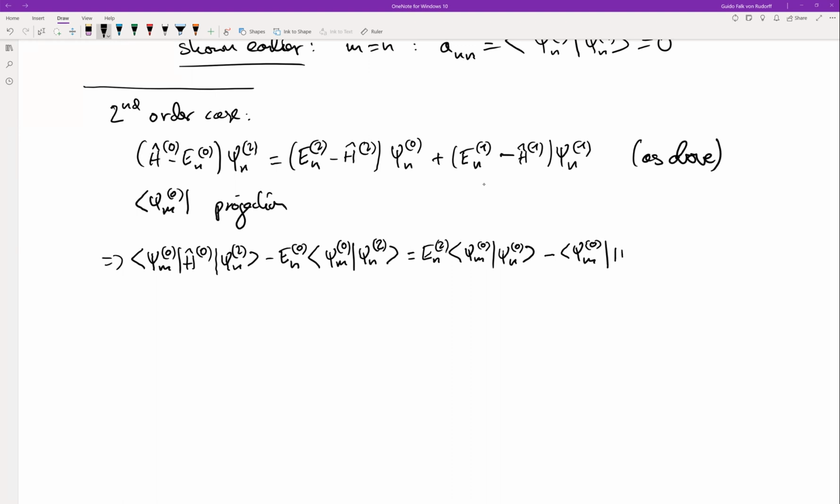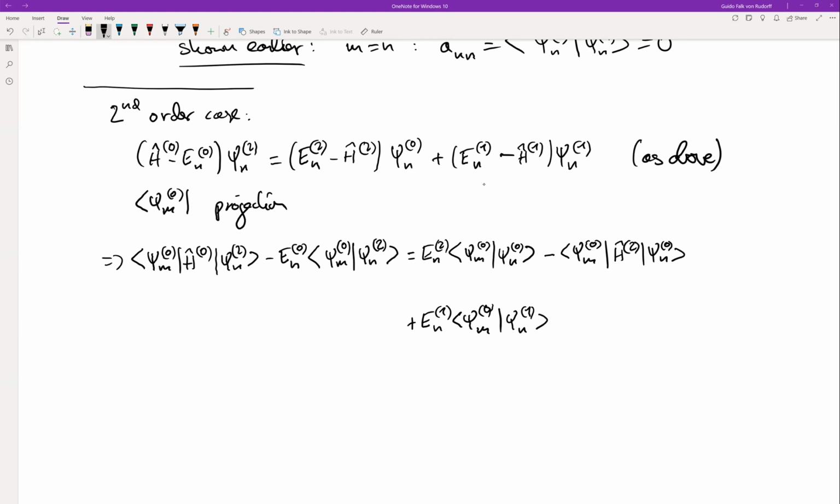Now we have the operator, the second order perturbing Hamiltonian times the unperturbed wave function, plus the first order energy, again a scalar value, putting it in front, psi m0 and psi n, the first perturbation.